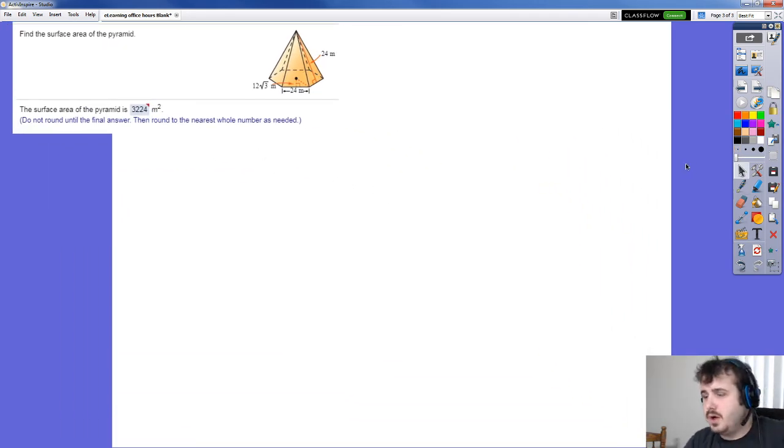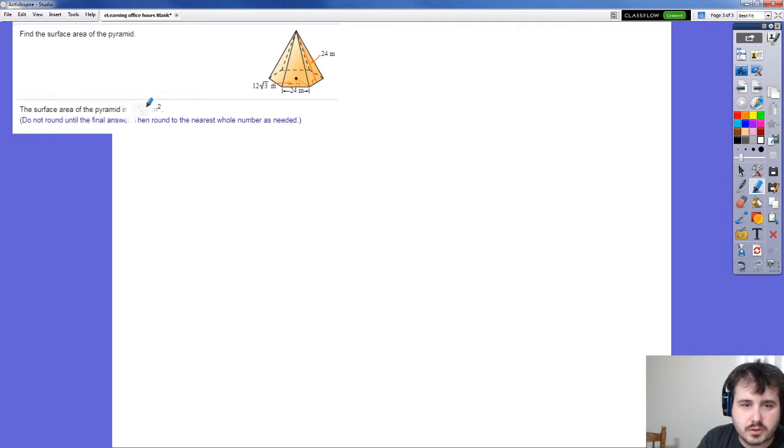Okay, so I had a question about this problem. This is asking about the surface area of the pyramid, and we talked a lot in the video about the formula here.